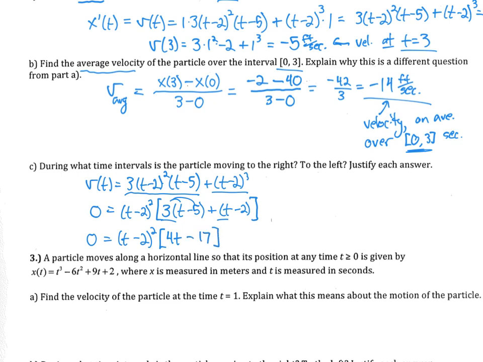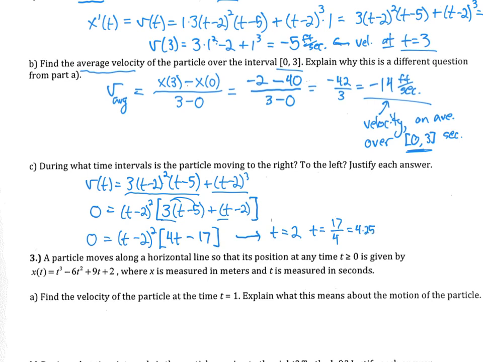So 4t minus 17 left over. And what that means is that our two points in time where the particle is moving with 0 velocity are t equals 2 and t equals 17 fourths, which is approximately 4.25.